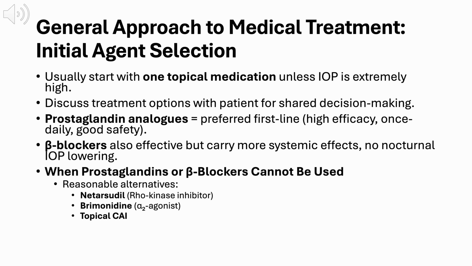Brimonidine, an alpha-2 agonist that both reduces aqueous production and increases uveoscleral outflow. Or a topical carbonic anhydrase inhibitor, which reduces aqueous humor secretion. Ultimately, the goal is to tailor therapy to each patient's physiology, comorbidities, and lifestyle, starting simple and building only as needed.